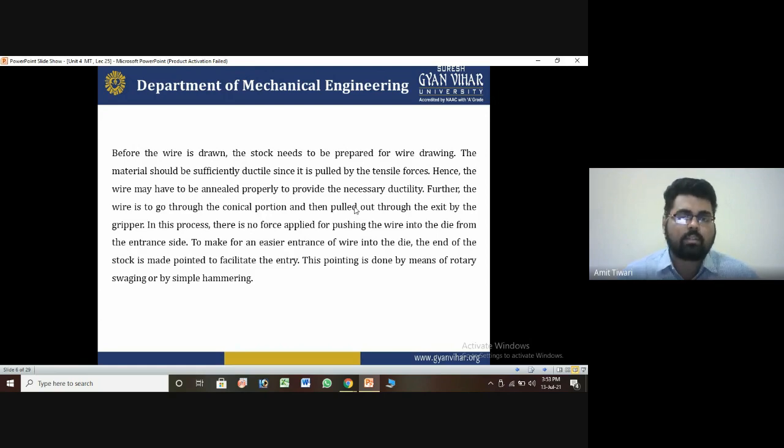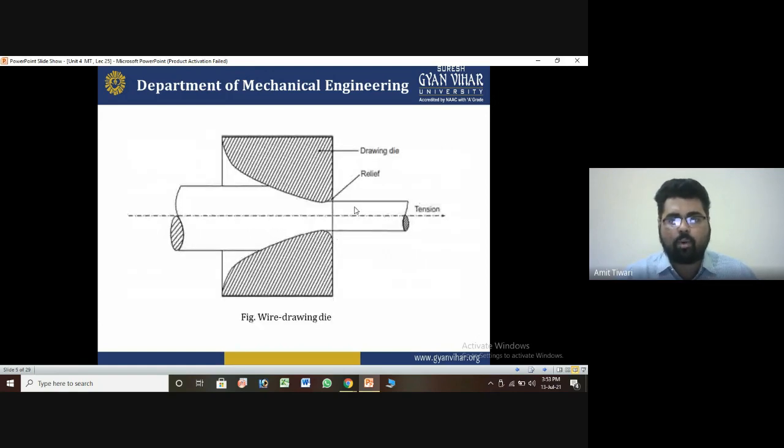So there is no chance; this is applied to make the entrance of the wire into the die easier. Such techniques we adopted for the wire. Passing the wire into the die is not easy, because you can see in this diagram that the cross-sectional area is reduced when you apply tensile load at that point, because the elongation percentage is very high.